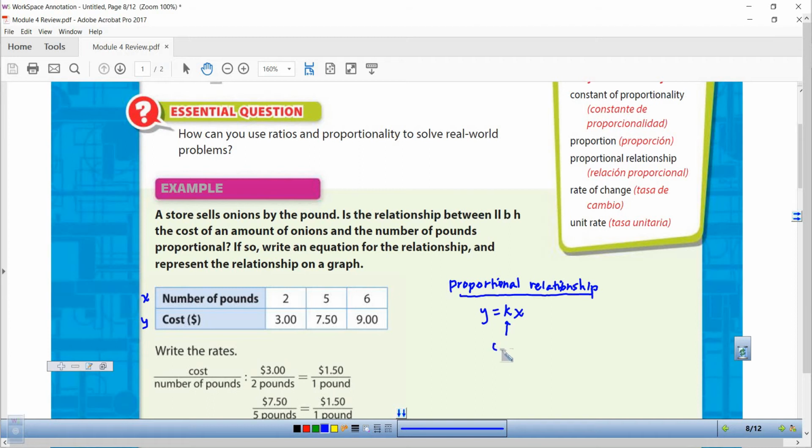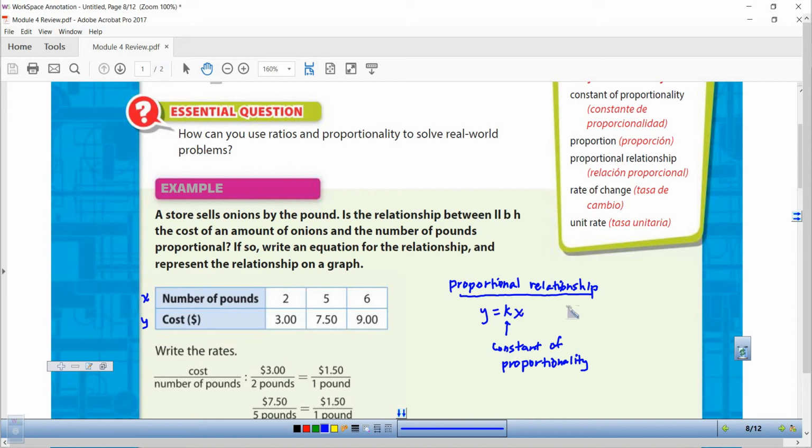And we call that constant k the constant of proportionality. So y is equal to kx.